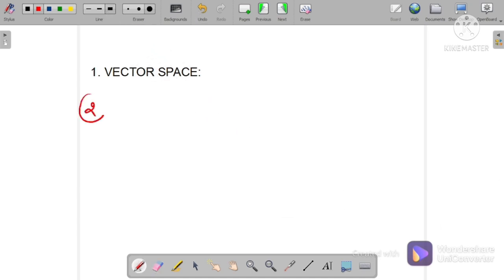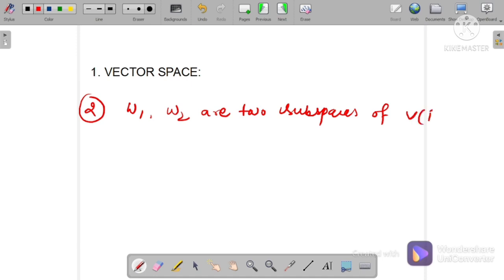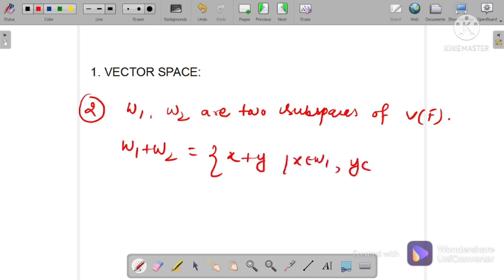The second result is: if W1 and W2 are two subspaces of vector space V over F, then W1 plus W2, which is x plus y such that x belongs to W1 and y belongs to W2, is also a subspace.